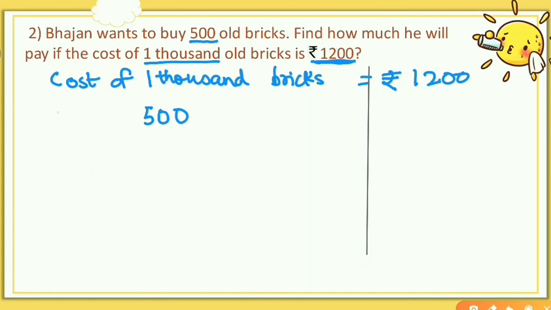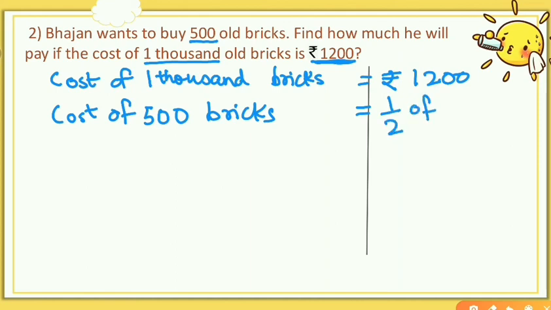So what we can do here is we can write our next statement as cost of 500 bricks. How can we find the cost of 500? As 500 is half of 1000, we can also find half of the price and find the answer. So here we have to do half of what?